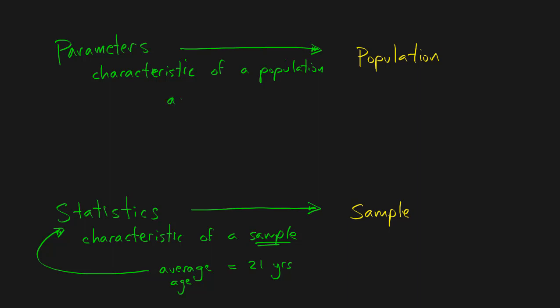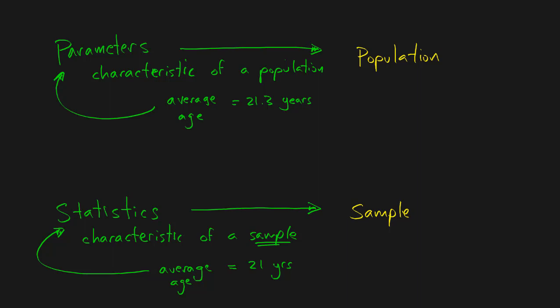Then you could still get an average age. It won't necessarily be the same number. Let's say that it ends up being 21.3 years. Now, what is this value here? What is this average age? Well, because it describes the characteristic of the entire population, it's called a parameter. So an average can be a parameter.